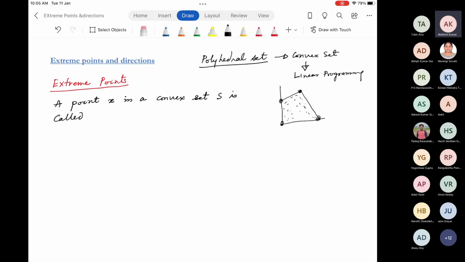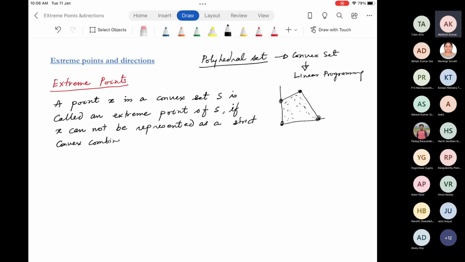A point x in a convex set S is called an extreme point of set S if x cannot be represented as a strict convex combination of two distinct points in set S. So what I mean is, suppose I draw a structure like this, a polytope like this.